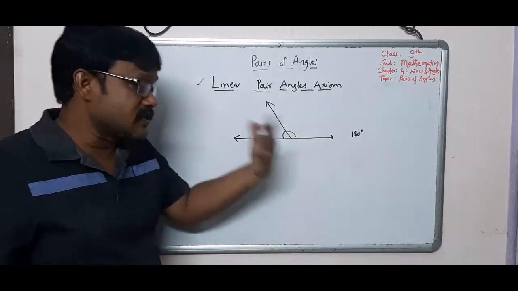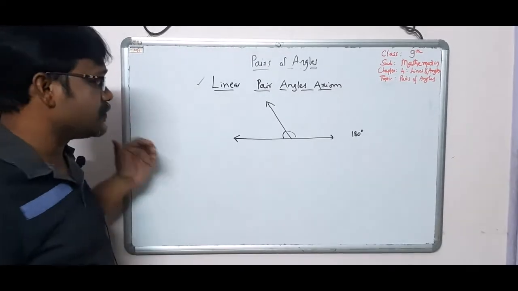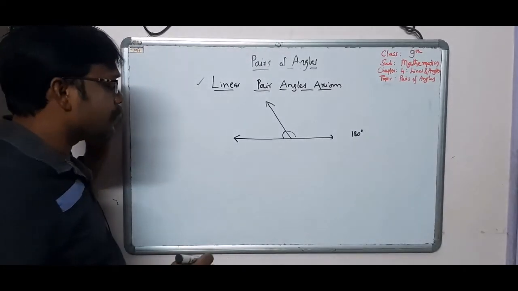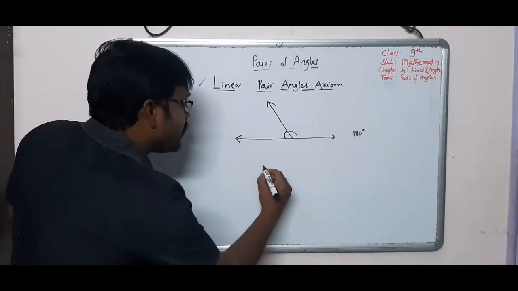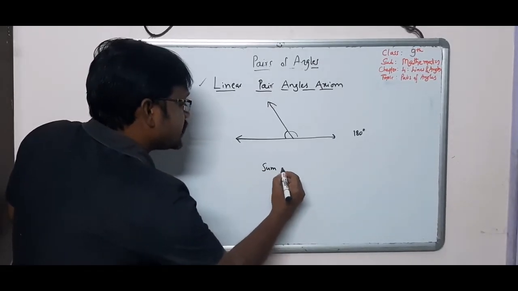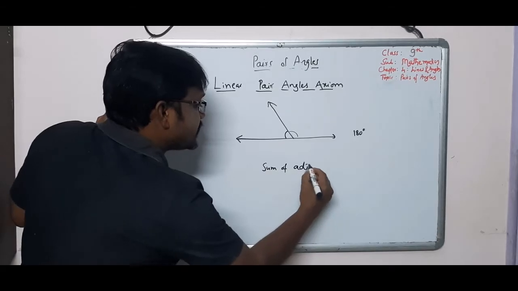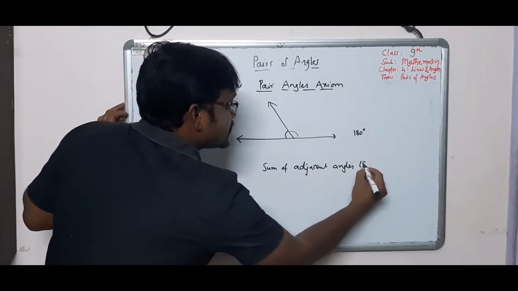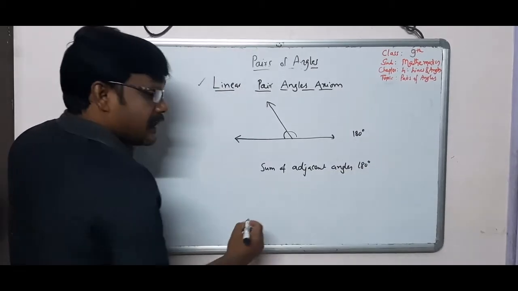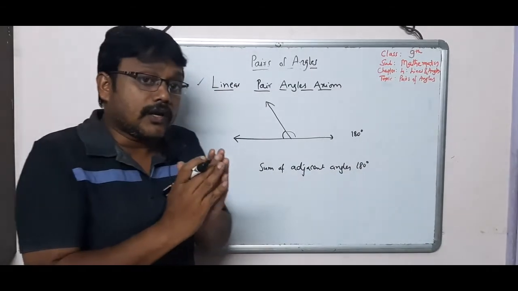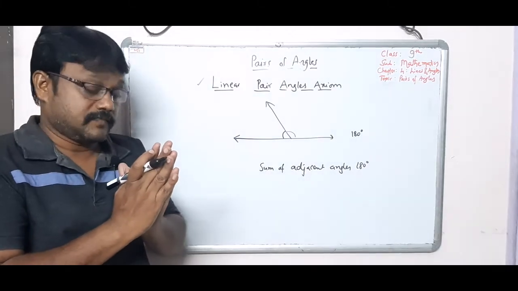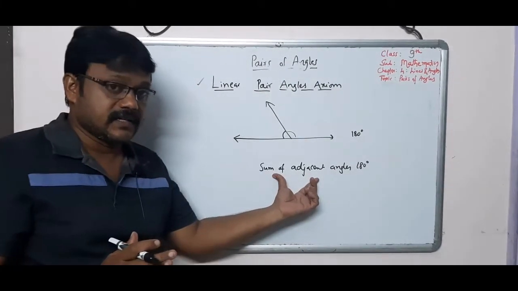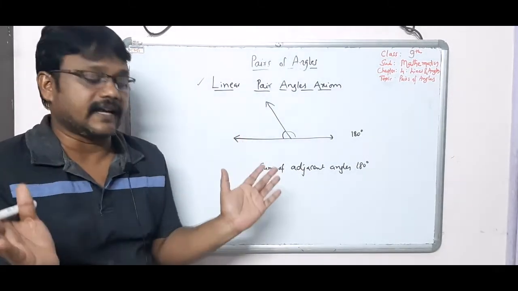Let me state it in the reverse manner, that is called the converse. Suppose the sum of adjacent angles is 180 degrees, then the non-common arms forming the adjacent angles will give you a straight line.